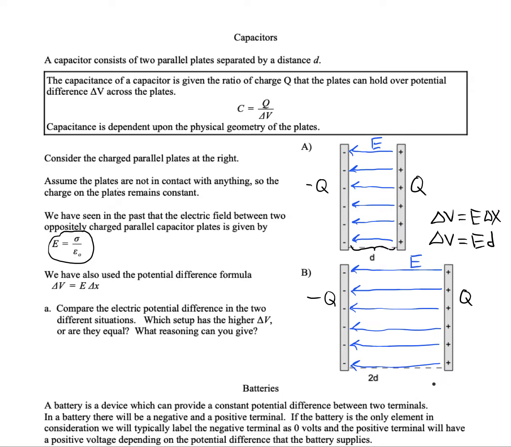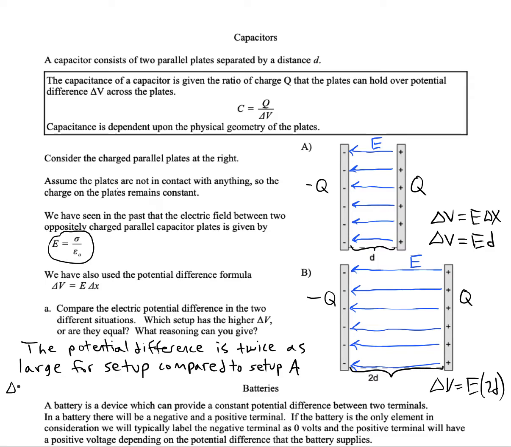Down here, though, we'll have delta V equals E times 2D, where 2D represents the new separation between the plates. Delta V for setup A is E times D, but delta V for setup B is 2 times E times D.